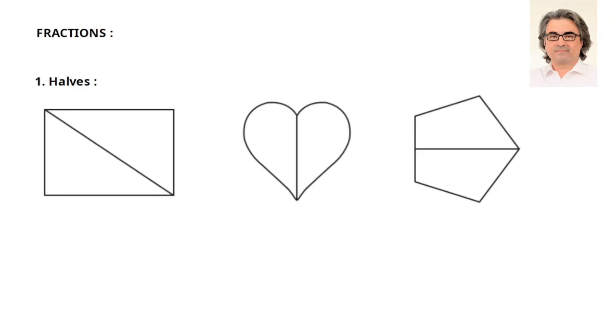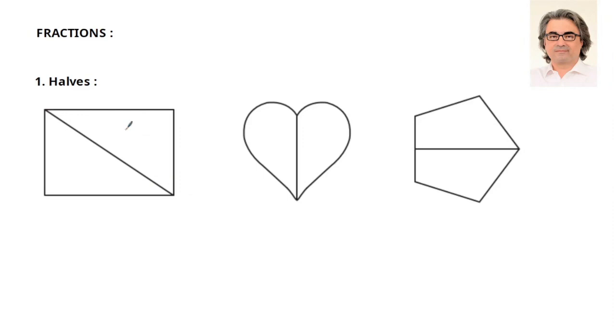Okay? Now let's give another example for halves. Now I have a rectangle as my whole and I divided this whole, this rectangle, into two equal parts by sketching one of its diagonals.